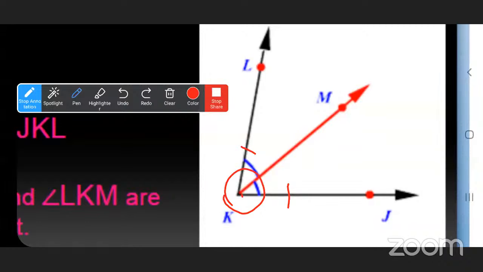After that, we use the same distance, put the point on the first intersecting point of the arc and the first arm, and make an arc in the interior part of the angle. Don't change the distance, and repeat this process with the other intersecting point of the arc and the arm of the angle, and draw another arc which intersects the first arc drawn in the interior of the angle.